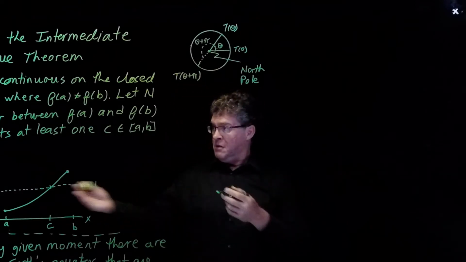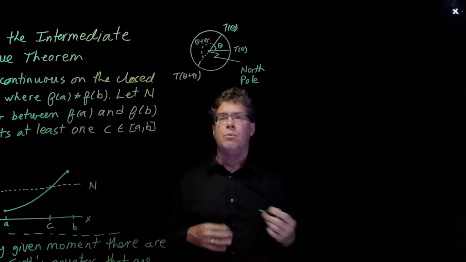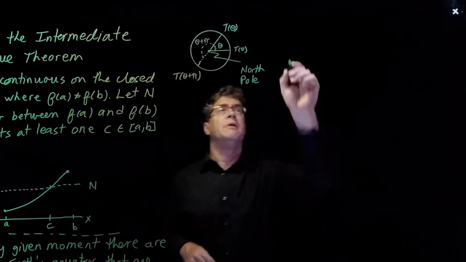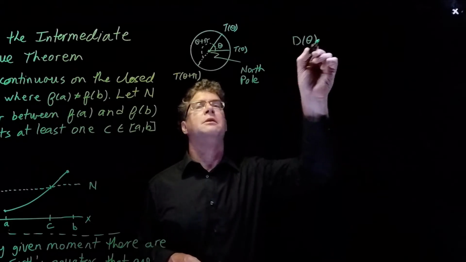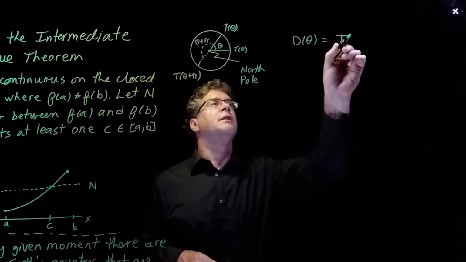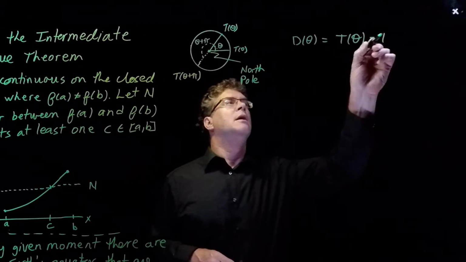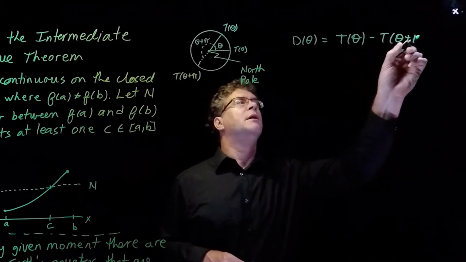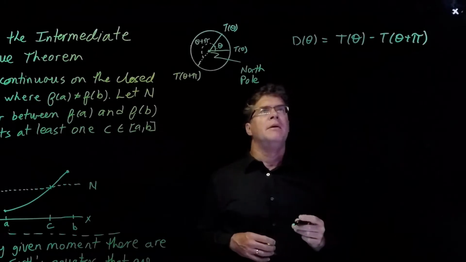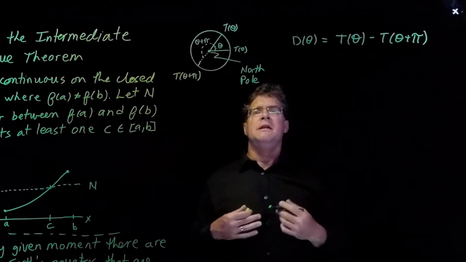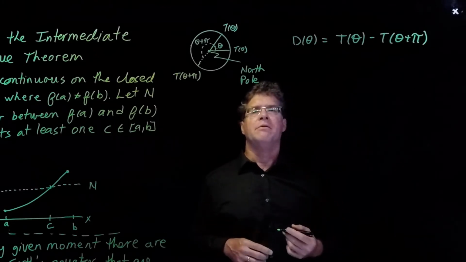To try to use the intermediate value theorem, we're going to create a difference between the two temperatures, d of theta equals T of theta minus T of theta plus pi. And if we want the temperatures to be the same, then d of theta will be 0 for that value of theta.